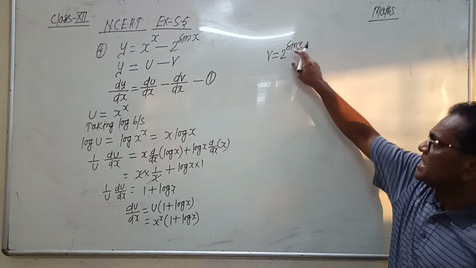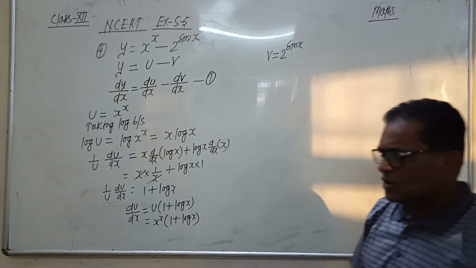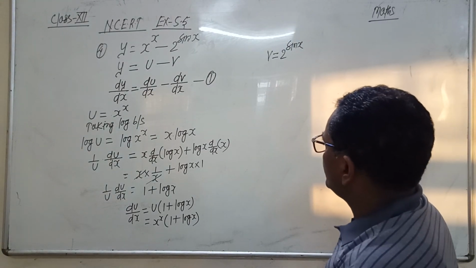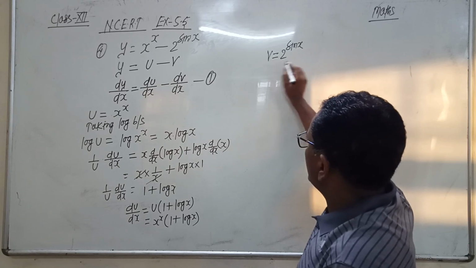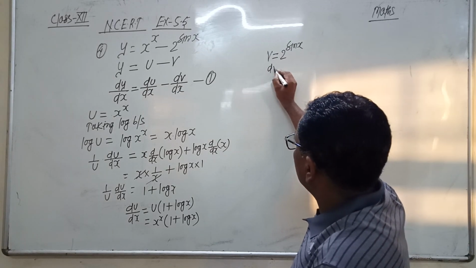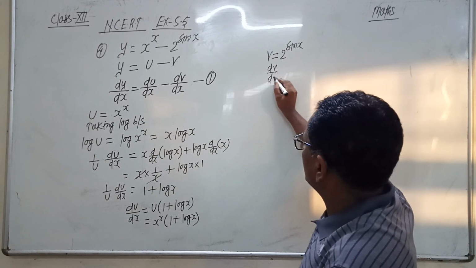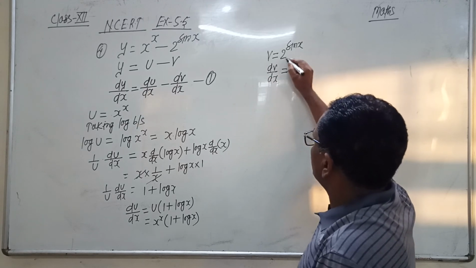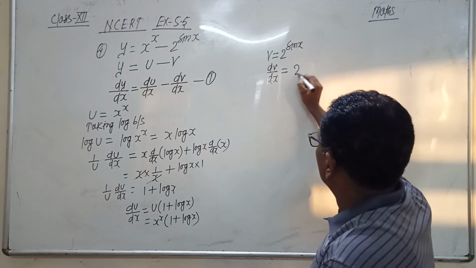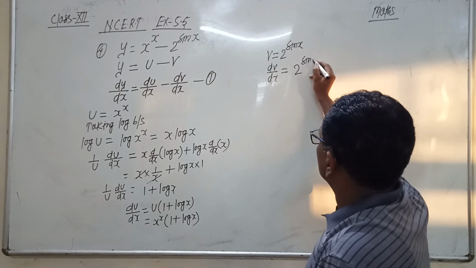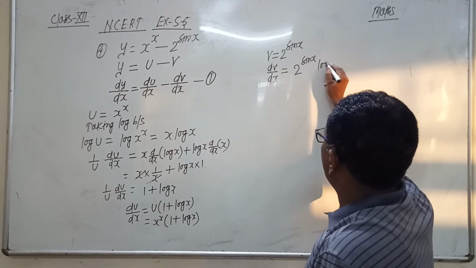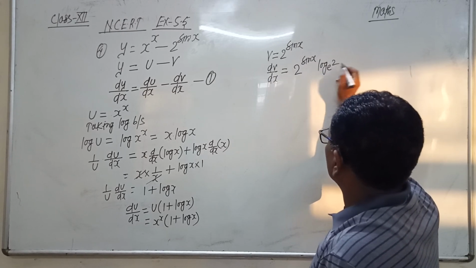This is the form a raised to the power x. So in this there is no need to take the log. Directly we will differentiate v with respect to x, dv by dx. Differentiation of a raised to the power x is a raised to the power x log base e a.